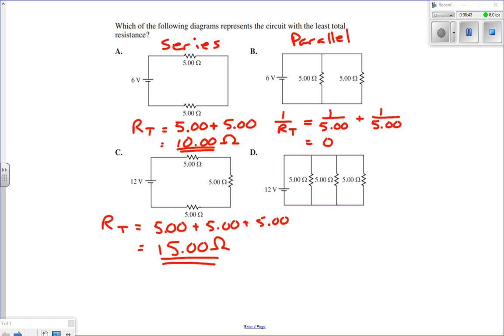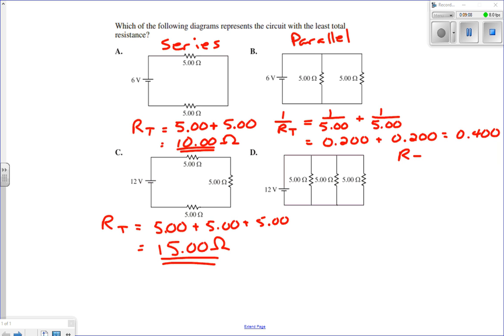But this is 0.2. So is the other one, that's just 1 divided by 5. So that's going to give me 0.400. Now that's not my final answer because that's 1 over RT. I need to find RT, so I need to take the reciprocal of 0.4. In other words, I need to find 1 over 0.4.